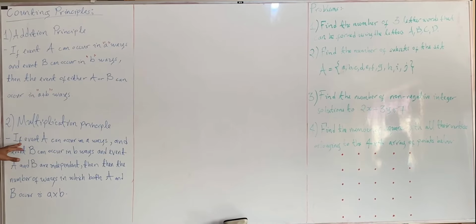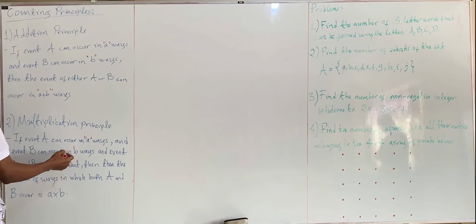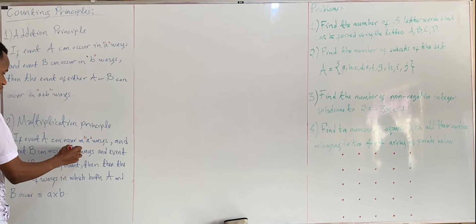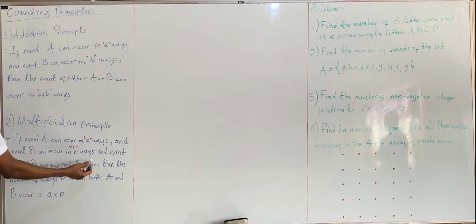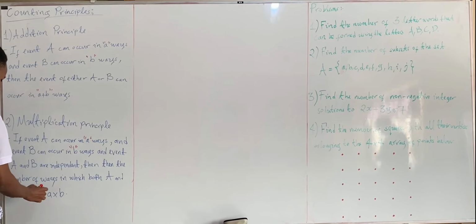If you have an event A that can occur in a ways and an event B that can occur in small b number of ways, and the events A and B are independent, then the number of ways in which both A and B can occur is a times b.